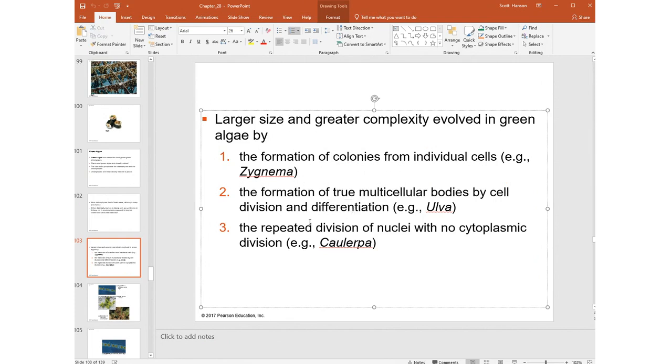And then repeated division of nuclei. Some of them have repeated division of nuclei with no cytoplasmic division. So you end up with cells that get large and have multiple nuclei in them, and Caulerpa and many other genera are like that.